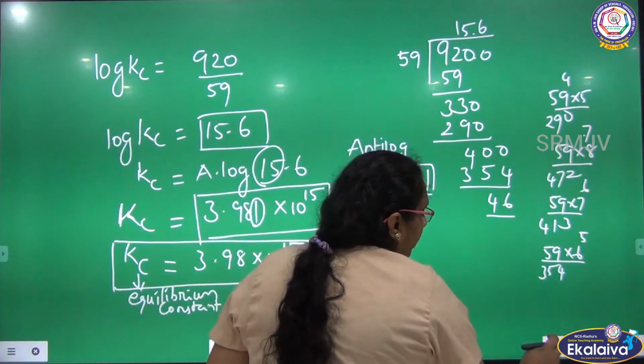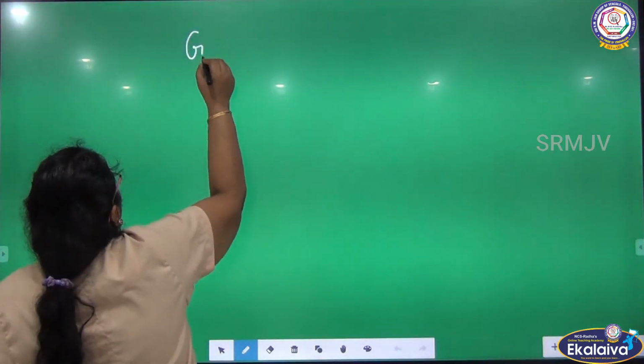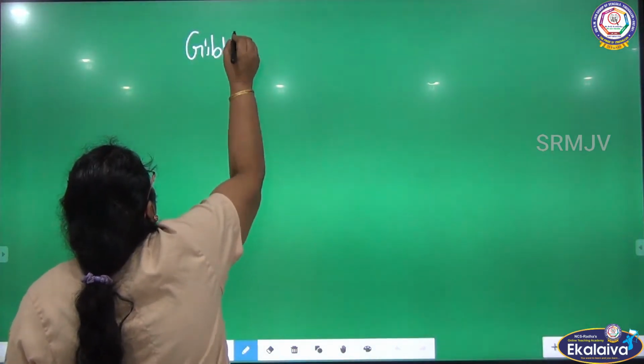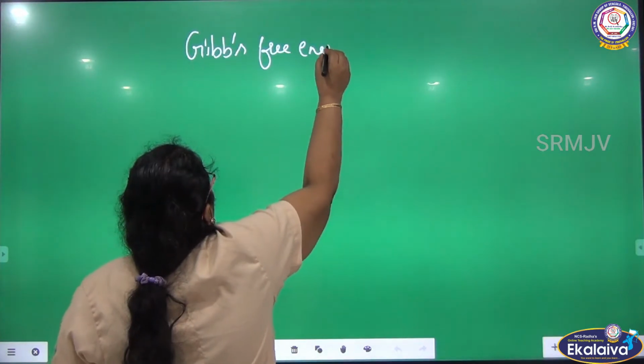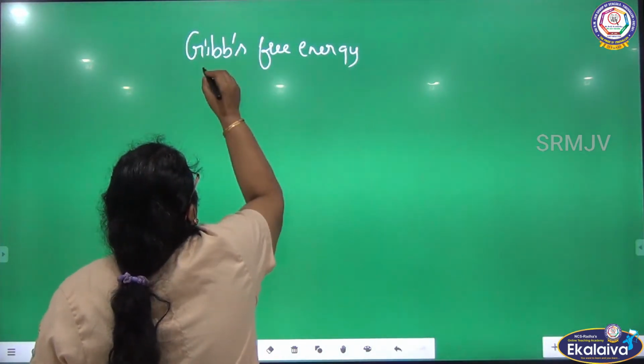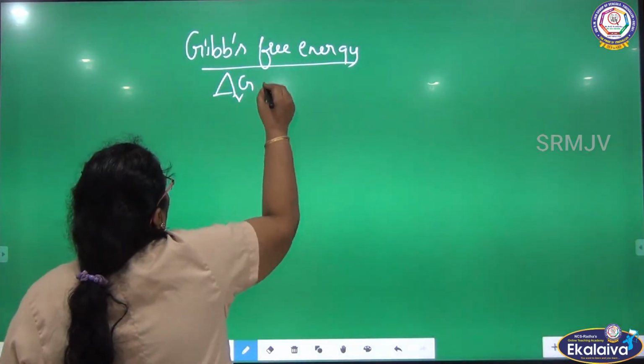The next one, we are going to talk about another important concept, that is Gibbs free energy, which is indicated as delta G. What is the R here?